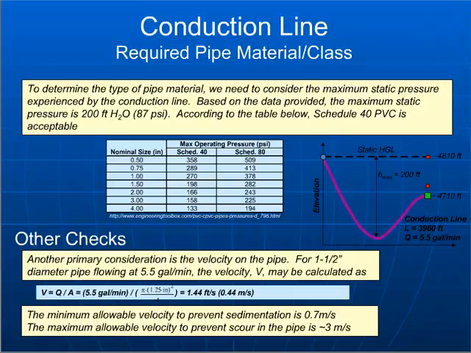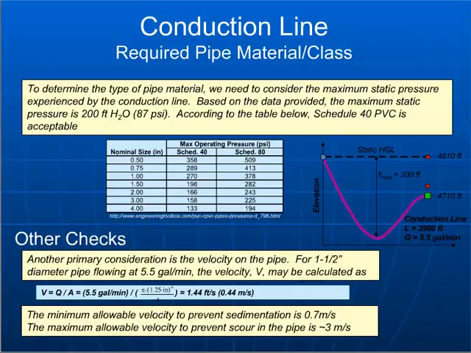Well, of course, different pipe materials are going to have different pressure ratings, and you can see for this example here, and depending on the different pipe material, those pressure ratings actually vary depending on the pipe diameter.